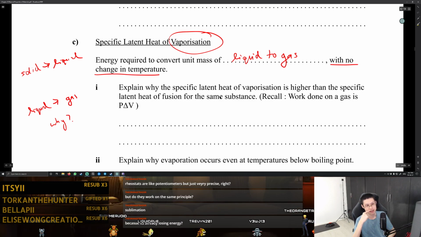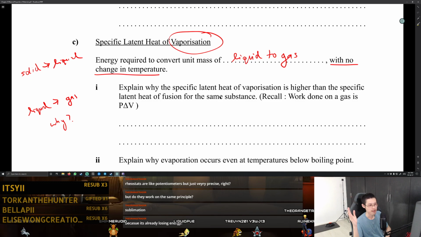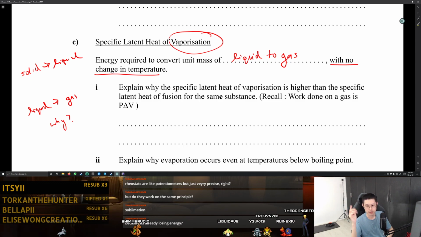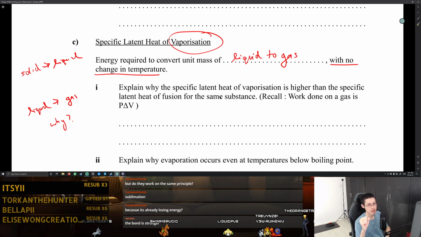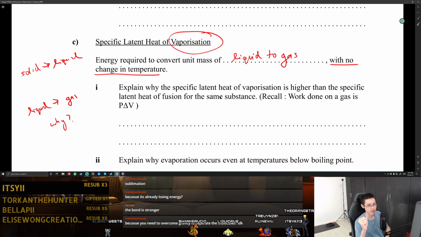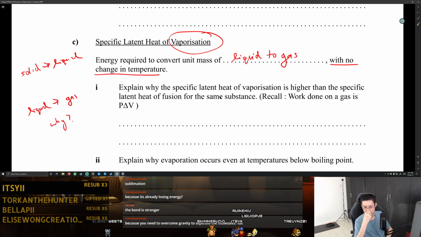Okay. Here's a little hint. If I take 1 kilogram of ice and I compare that with 1 kilogram of water, the bond is stronger because you need to overcome gravity to separate the molecules.